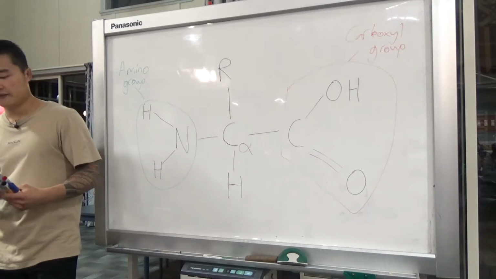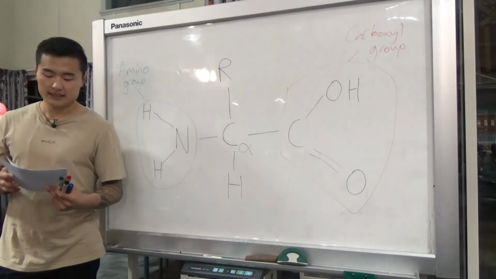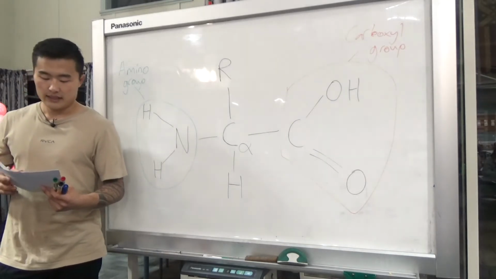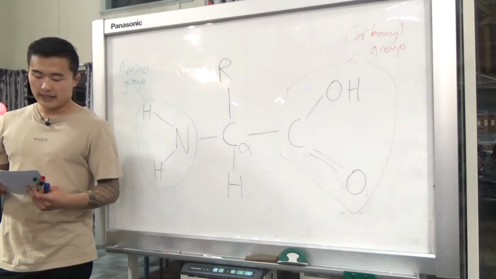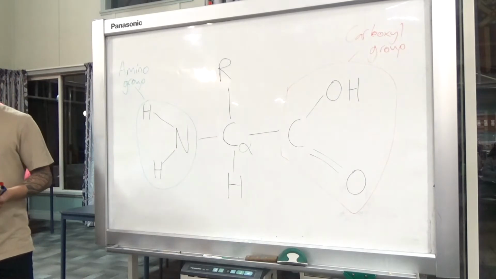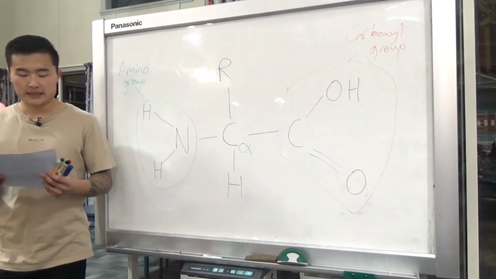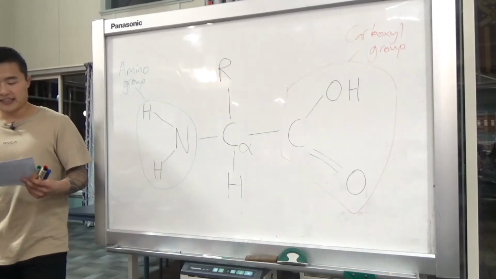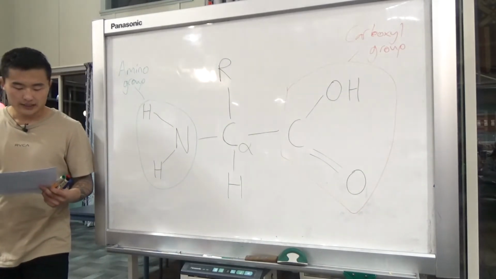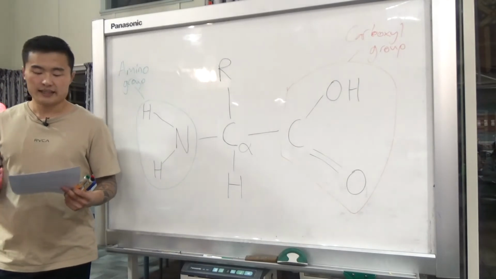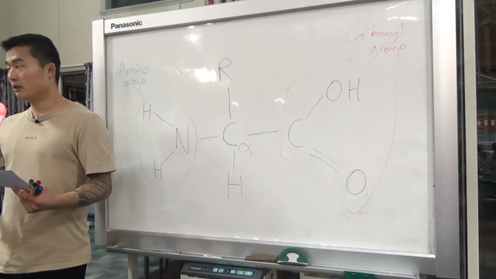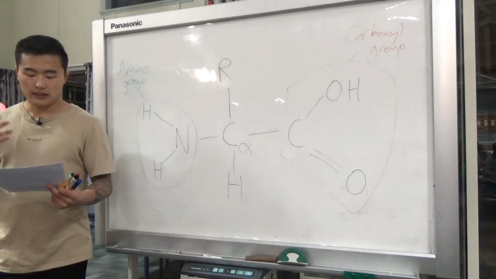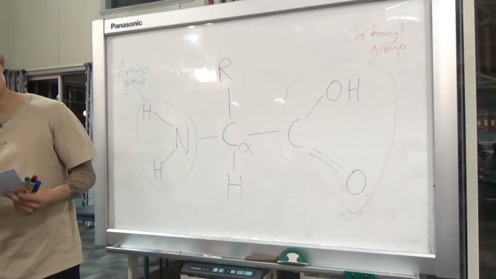If they're chiral, it means there can be an L form and a D form. I'll go over the reason for glycine later, so don't worry about that. Amino acids can have a 3-letter and a single-letter abbreviation. You don't have to remember the abbreviations, just be aware that they have them.